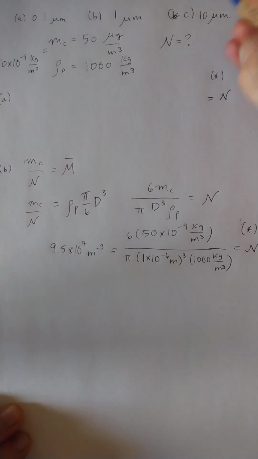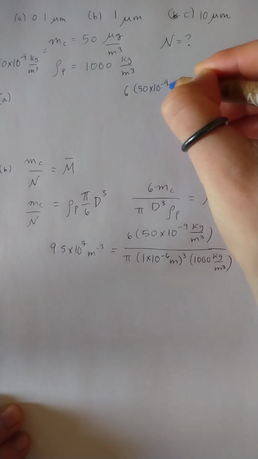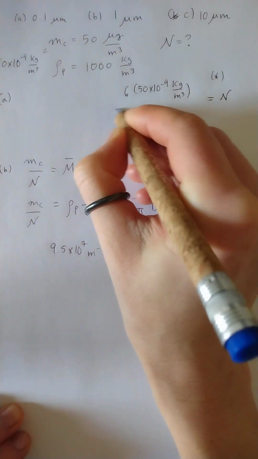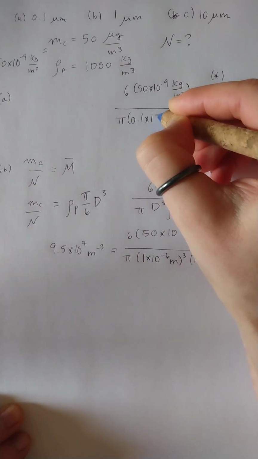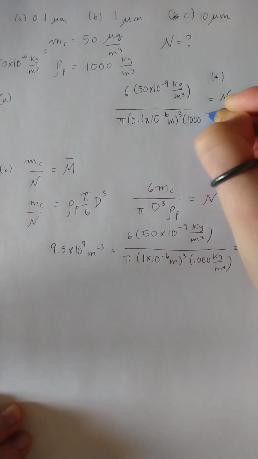The number concentration should be 6 times the mass concentration divided by pi, the diameter of our particles, which is now 0.1 microns, times their density.